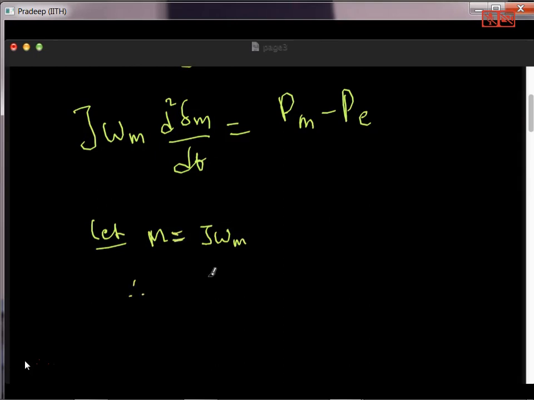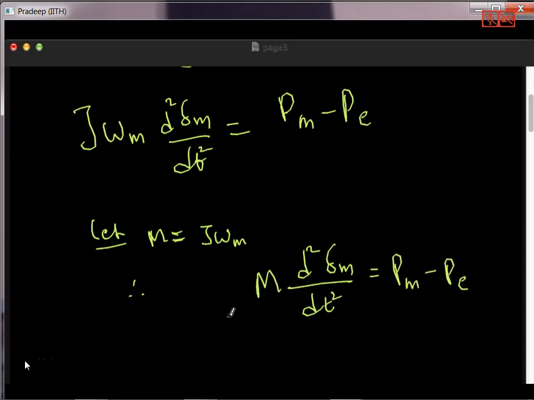Therefore I'll get M into d square delta m by dt square equal to Pm minus Pe, where M is the inertia constant. I'm not doing anything very complicated, I'm just trying to simplify it.